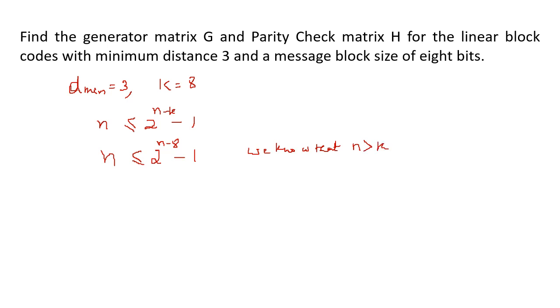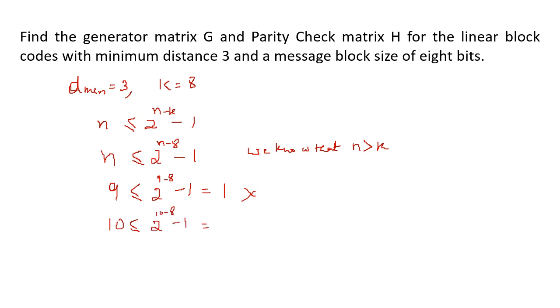So we'll just substitute the values of n by trial and error method. First we'll substitute 9. So 9 should be less than or equal to 2 to the power of 9 minus 8, minus 1, which we are going to get as 2 to the power of 1 minus 1, which is 1, which is not possible. Next we'll substitute n is equal to 10, which should be less than or equal to 2 to the power of 10 minus 8, minus 1.